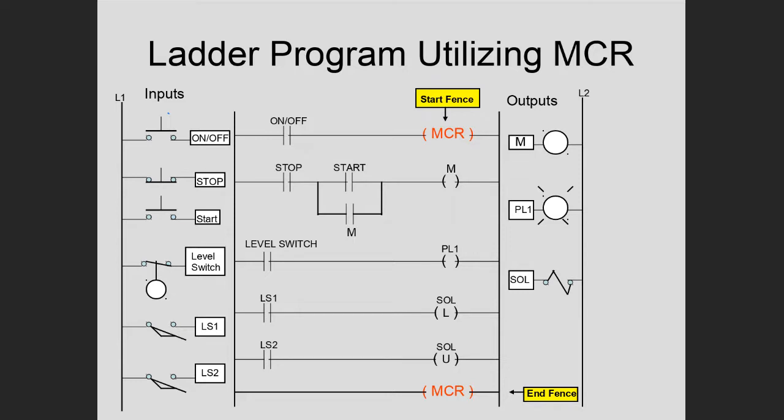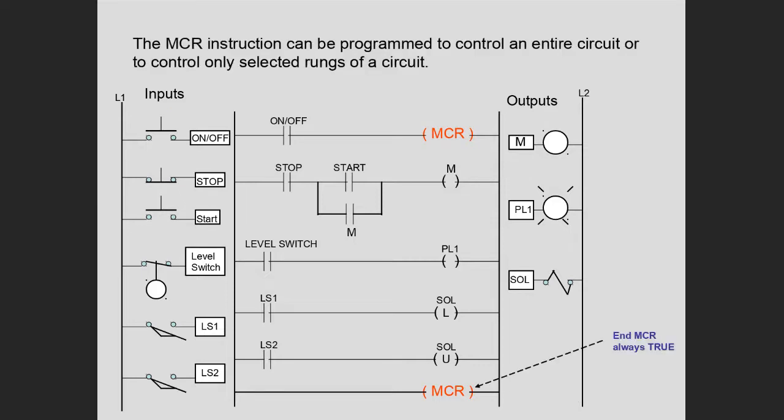It's going to operate as if the MCR instruction wasn't there. It's going to run as normal. But if this first rung is false, then it deactivates everything between the start fence and the end fence. Now, it's important that you realize when we say deactivate, depending on whether you have non-retentive or retentive instructions, they're going to behave differently. So let me go to the next PowerPoint, and we'll point this out.